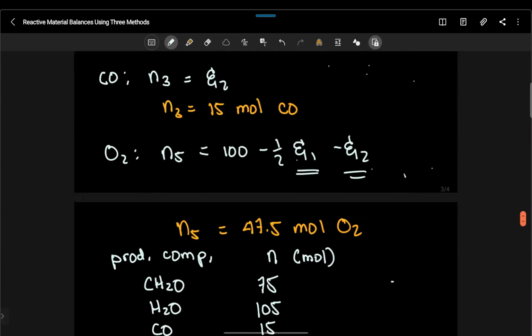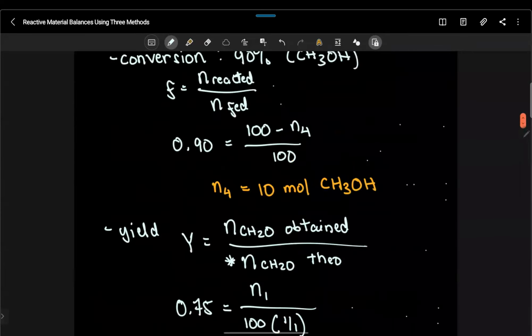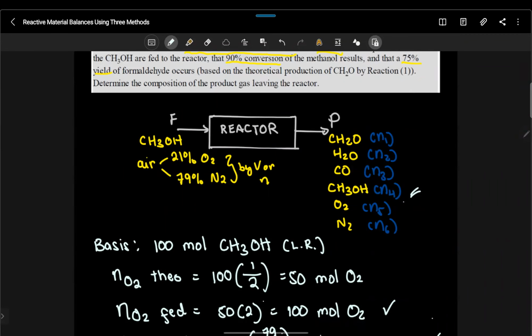What I will do is I will copy the flow chart para hindi tayo mag-scroll na mataas masyado. Let me copy this.